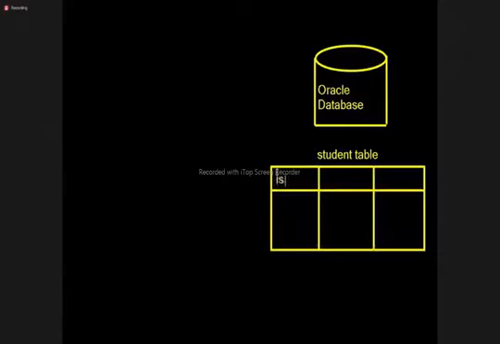Here, roll number, name, marks. Suppose roll number 1, name of the student, marks of the student. Roll number 2, name of the student, marks of the student. Like this we have. Here, I'll write one PLSQL program, a procedure.